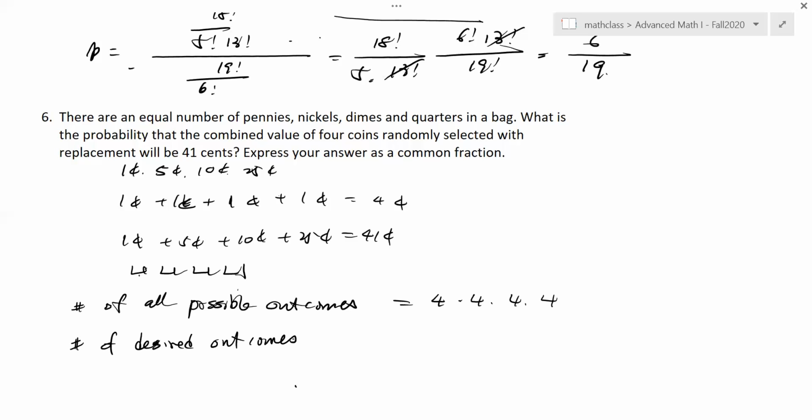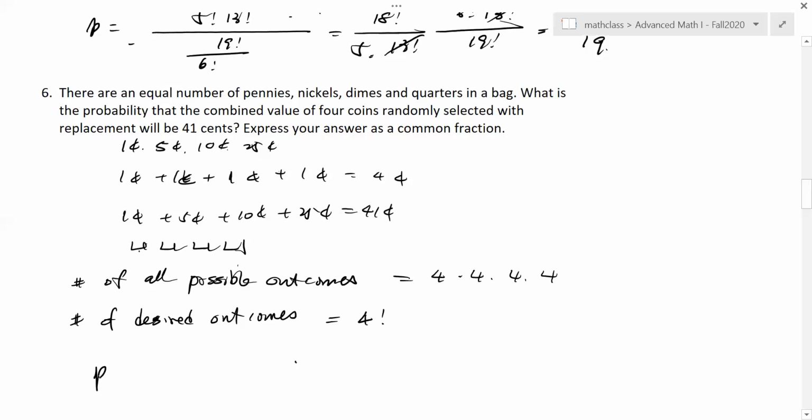That means each type of coin must show up once. But since we count the order, we have 4 factorial different outcomes. It could be 1, 5, 10, 25, or 10, 5, 1, 25. You permute these 4 numbers and the sum is still 41.